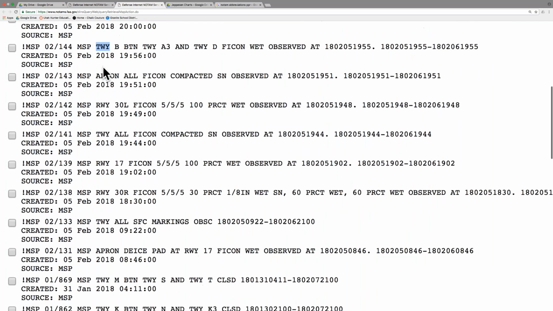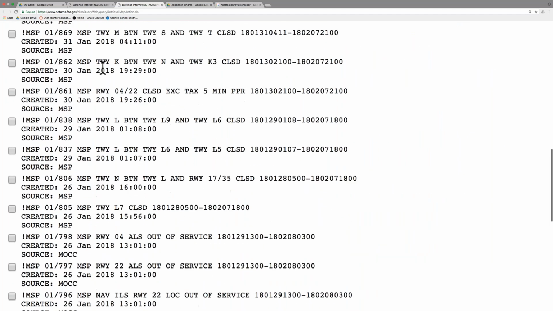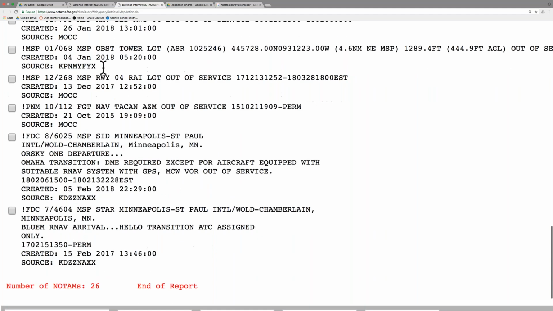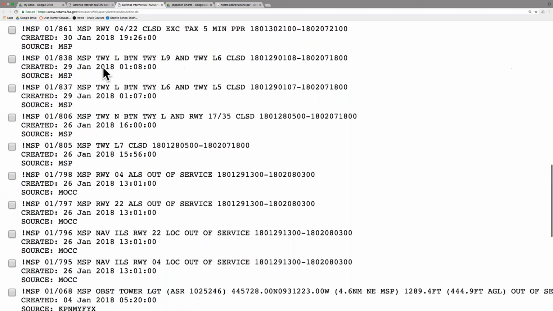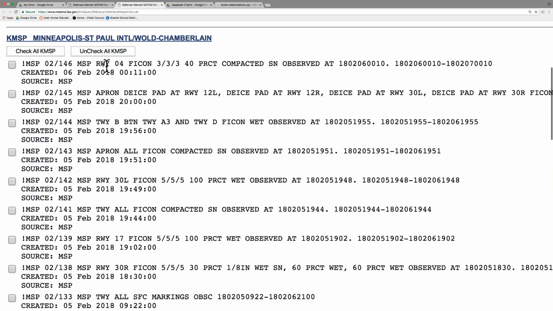If you just follow my mouse, you see the keyword every line, and it's in the same spot. Taxiway, apron, nav, obstruction. Then we go to runway. So if I was scanning this, I'd see this one.